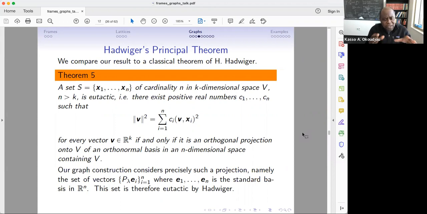It seems like what you're saying is, if you put the coefficient c_i inside and take the square root, you can normalize your vectors x1 to xn to be unit norm vectors. So if I expand the space, then you have a frame, and what you're requiring here is that you can rescale the length of each vector to make it a tight frame.